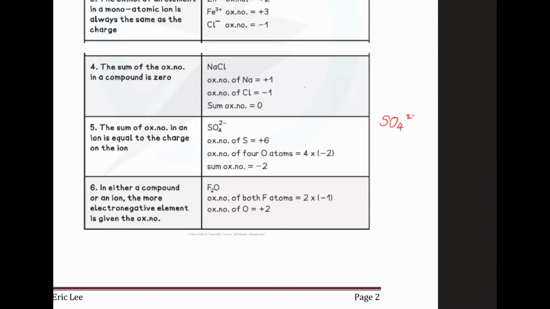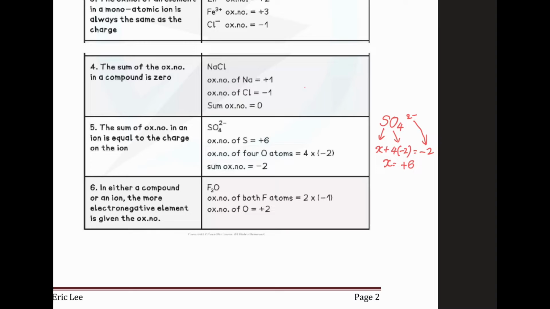SO4 2-. We don't know sulfur, because sulfur can have all kinds of oxidation numbers, so normally we call it X. Oxygen we know is -2, and the overall is -2. Then we solve for X and get +6.